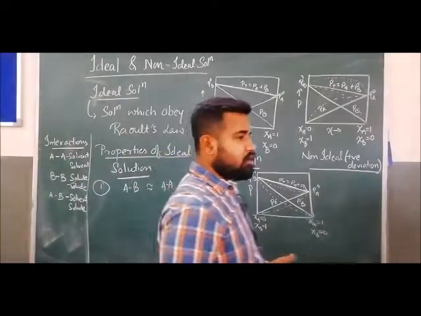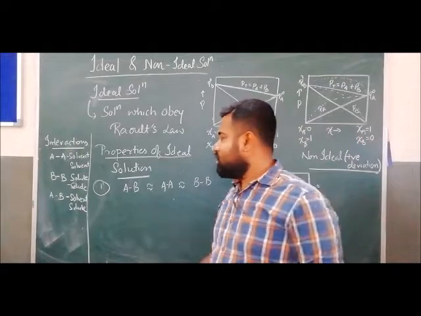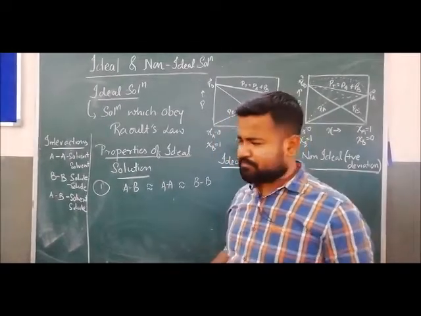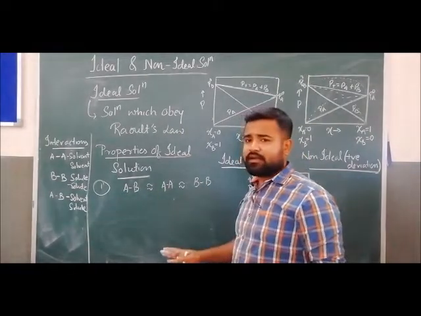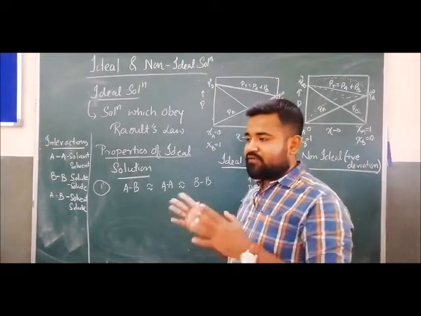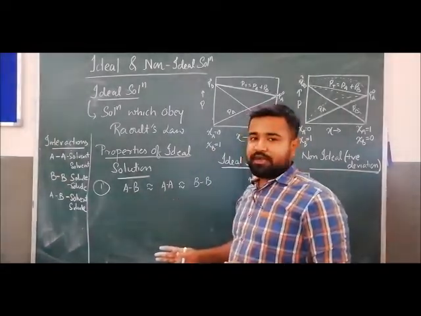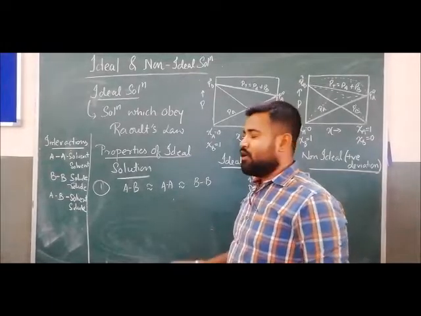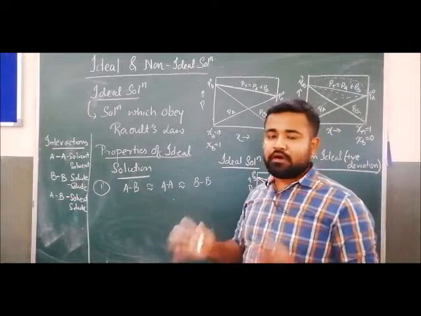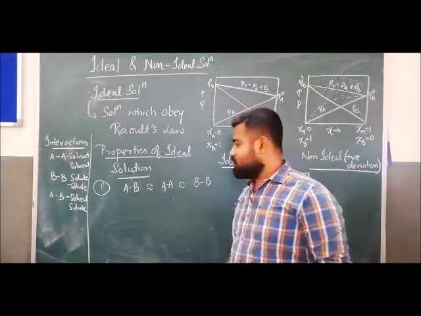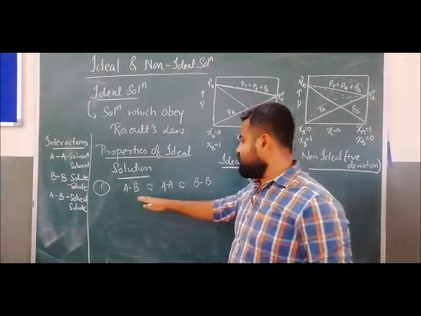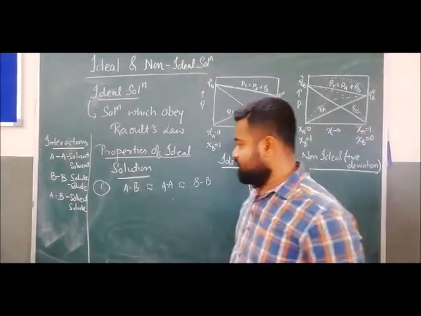It means there is no net effect before and after the making of the solution. Whatever effect was there previously in the solution, the same effect we can observe after preparing the solution, and that is called the AB interaction. So these three are all the same. This is the first property.